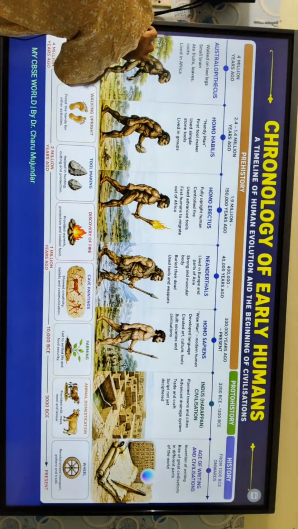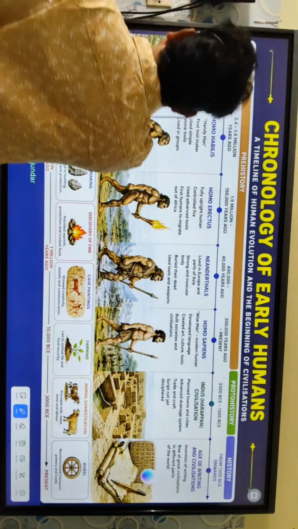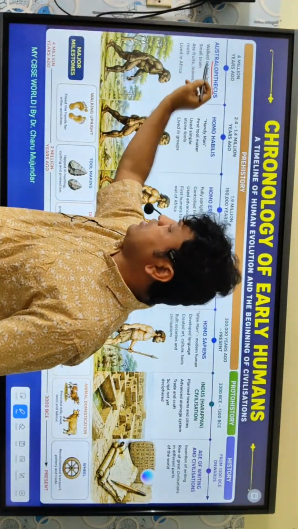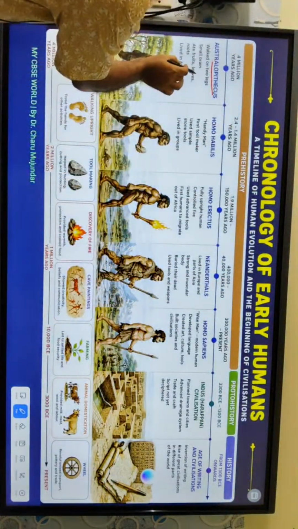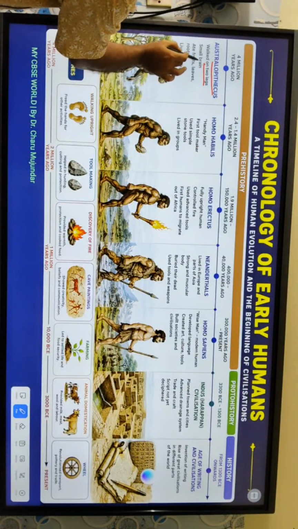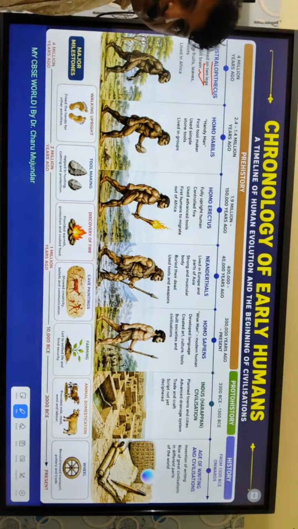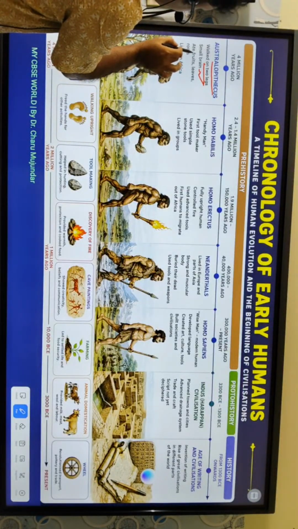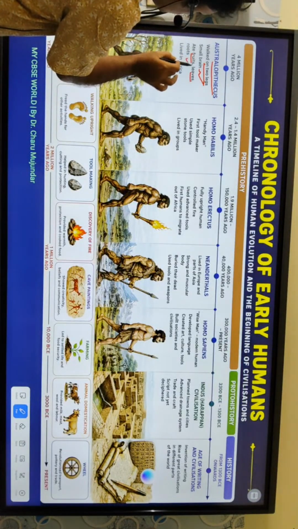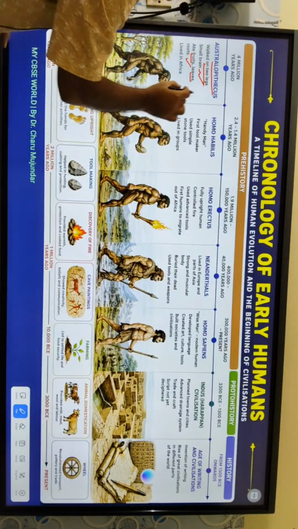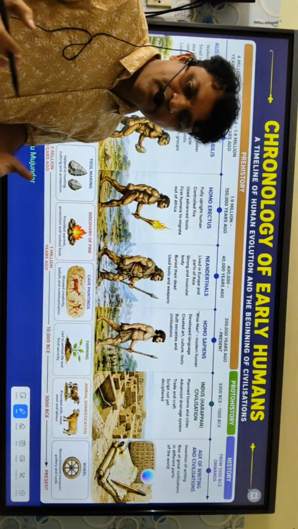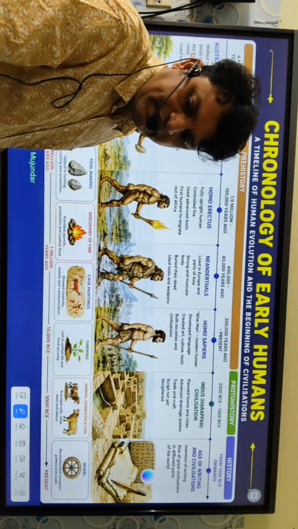They walked on two legs and they had a small brain. Which brain, Nana? Small brain. And what did they eat? Fruits and leaves and roots. So mainly this Australopithecus was engaged in hunting and gathering activity. Which activity? Hunting and gathering activity.